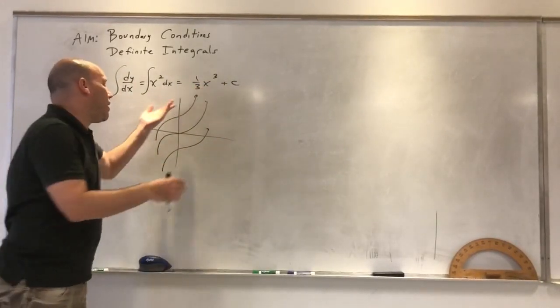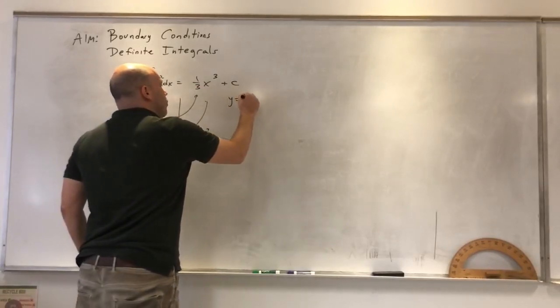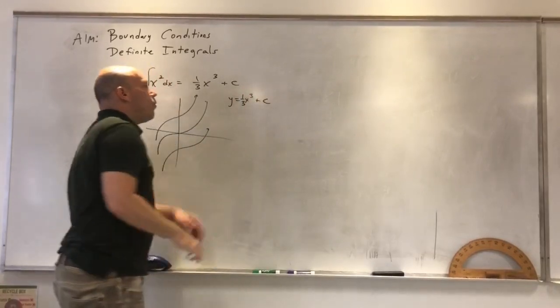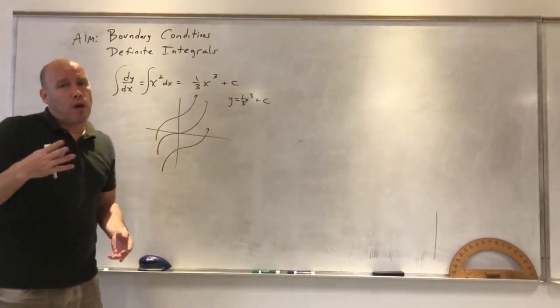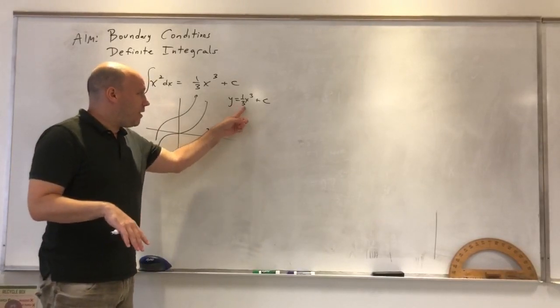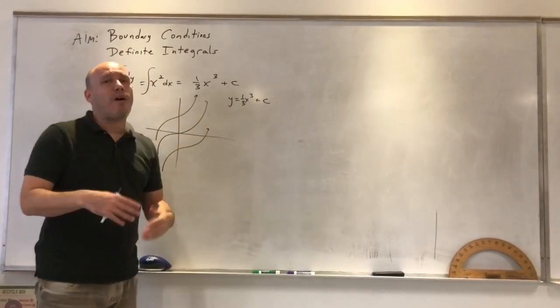Algebraically, we see here we have y equals 1/3 x cubed plus c. We have three variables. So if I'm given a point, I can substitute it into the equation and find my c.